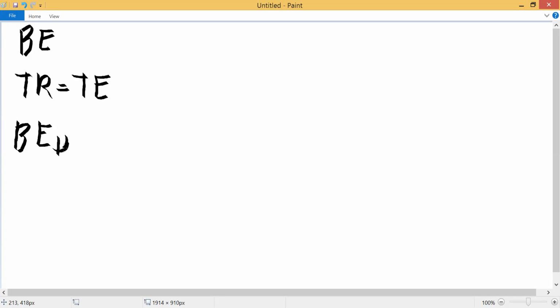BE in units, the break even point in units, is equal to FC over SP minus UC. Meaning to say, FC is fixed cost all over selling price minus unit cost.